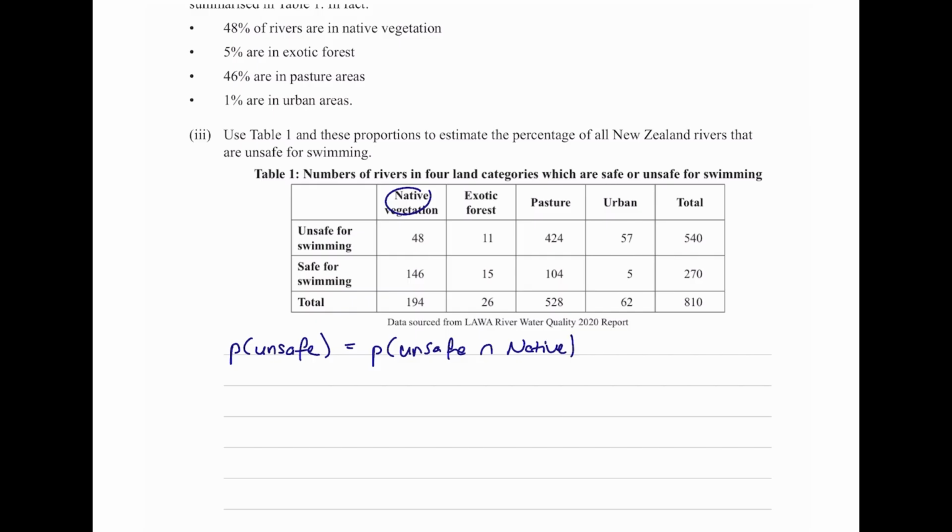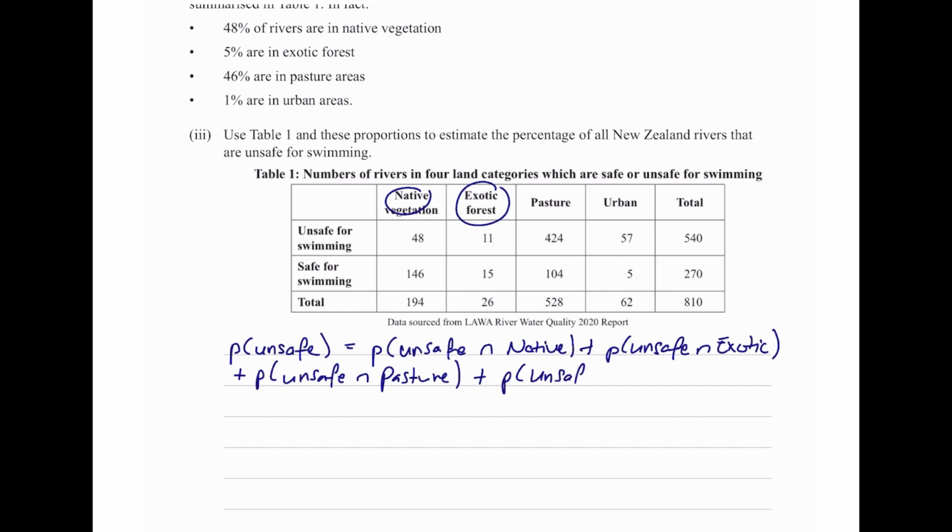We also have to add that with the probability that it's unsafe and exotic. And we just add that with the probability that it's unsafe and pasture. And finally, the probability that it's unsafe and urban. Right, so this is an example of something that we call the partition theorem.